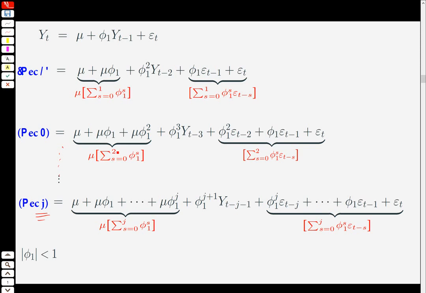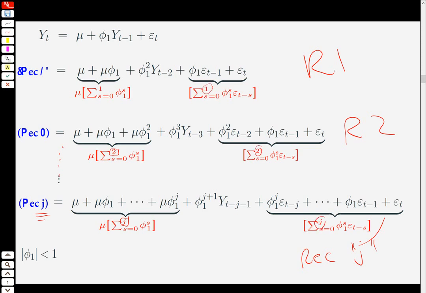And again, you can see here, y_{t-3}. At the second recursion, it's gone down to y_{t-3}, phi 1 to the power 3. So this here is just phi 1 to the power 2 plus 1, y_{t-(2+1)}. So this is what's happened at recursion 2.